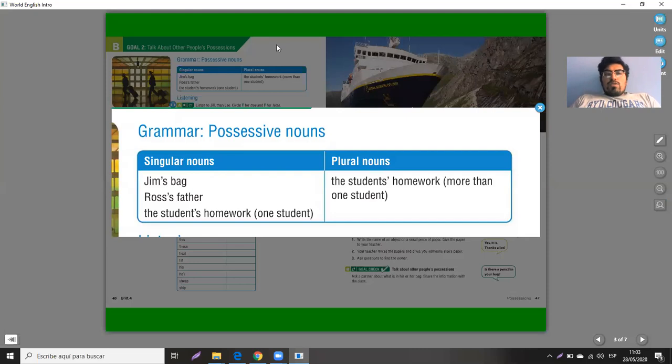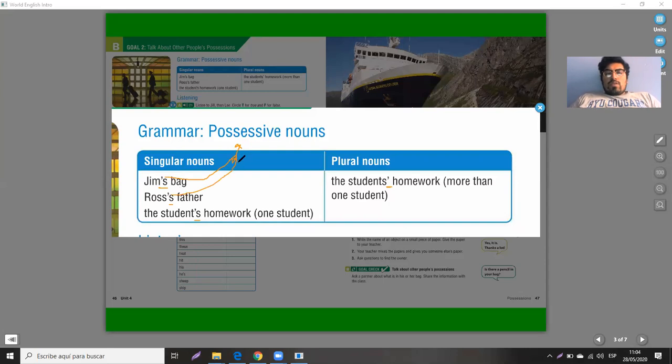So I want you to pay attention to this, to this, to this, and to this. So what is this? What is the name of this? Apostrophe S. So apostrophe S indicates possession.